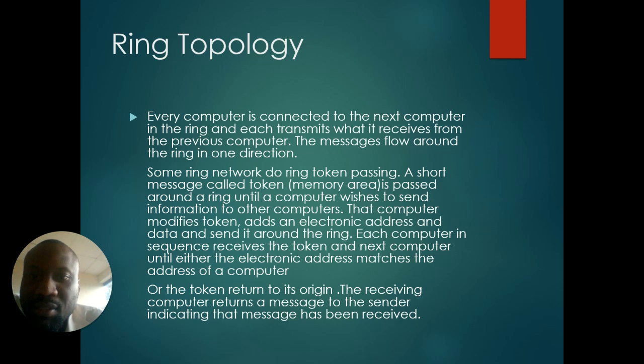That computer modifies the token, adds an electronic address and data, and sends it around the ring. Each computer in sequence receives the token and passes it to the next computer until either the electronic address matches the address of a computer or the token returns to its origin. The receiving computer returns a message to the sender indicating that the message has been received.